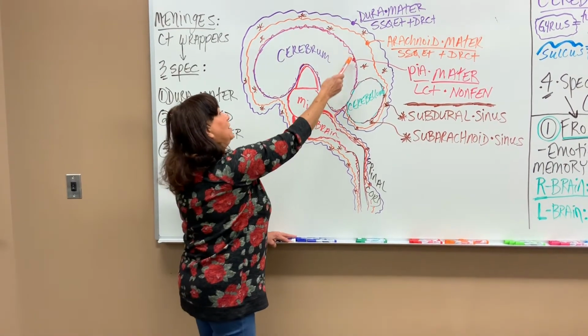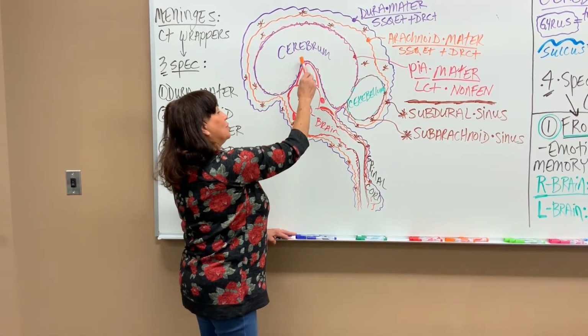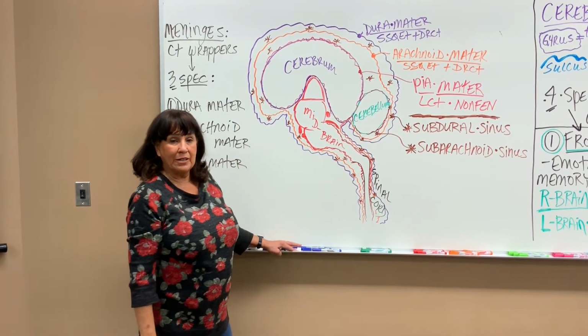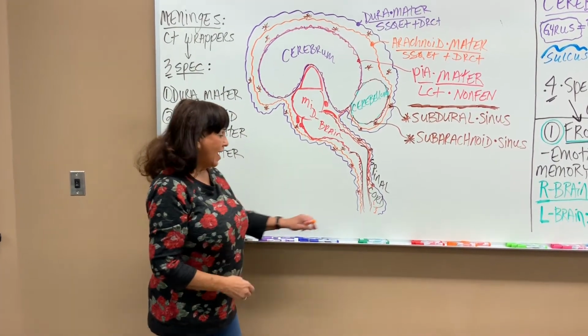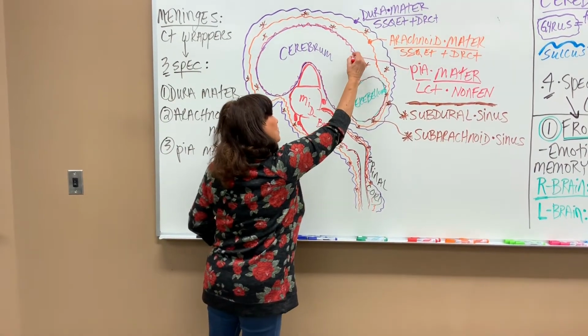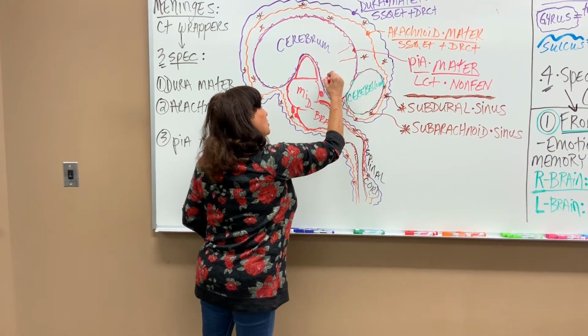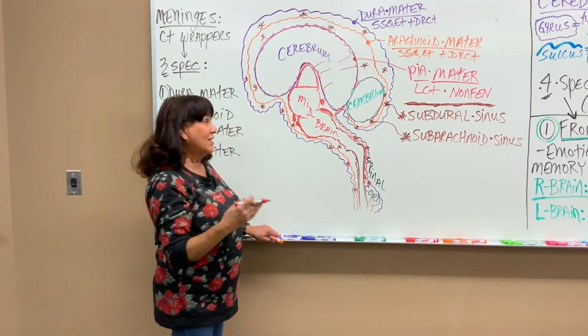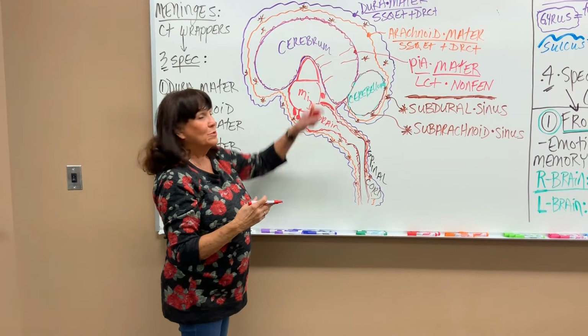And then the brain is wrapped with a CT wrapper that's loose CT with non-fenestrated capillaries. So the capillaries actually, when they're preserved and dead, of course, the capillaries will come in and they will actually sit in the depressions, and they almost look like little dark worms.